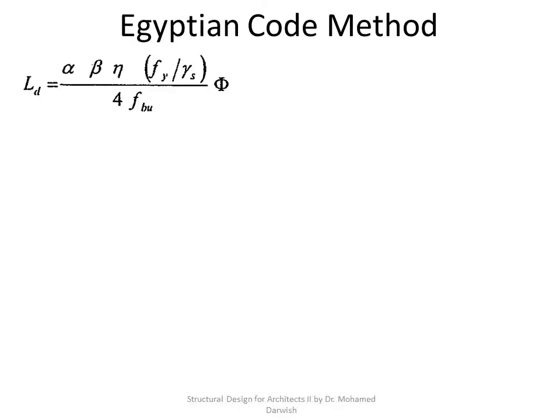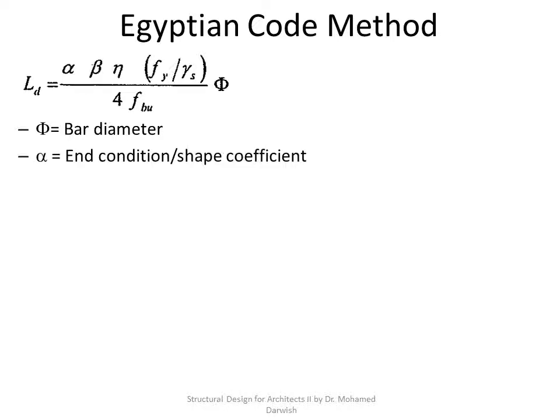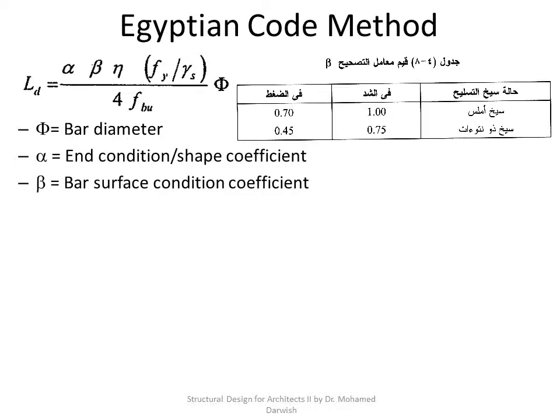So the Egyptian code actually gives a more simplified equation, including all of these factors. Here this phi is the bar diameter, alpha is the end condition and shape coefficient, beta is the bar surface condition coefficient, which will change whether the type of steel is mild with a smooth surface, or it is high grade with deformations, so they will change for sure.